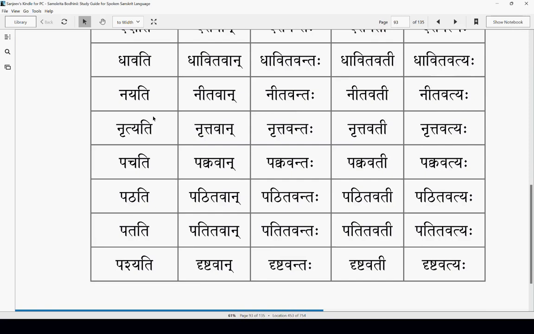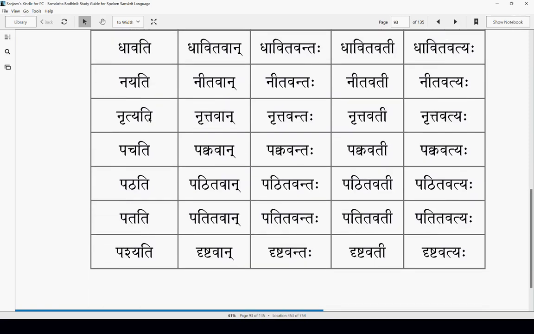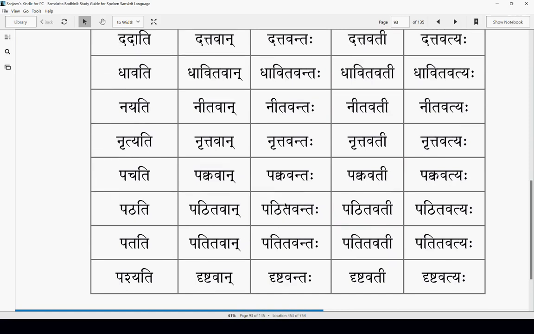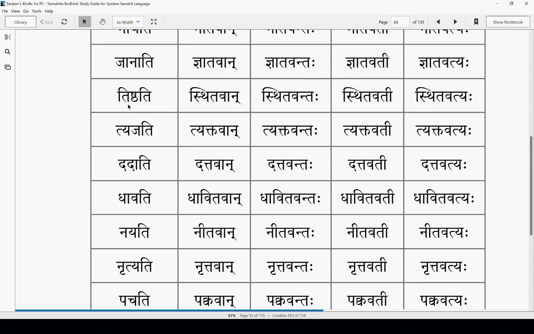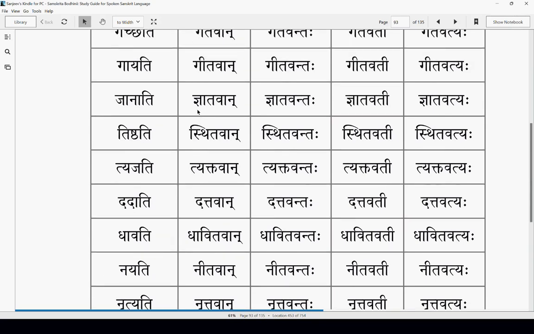Some of them, mostly you can identify how this form is made. Here also Tishtati, Stha is the dhatu. In Vartamana Kala Stha becomes Tishtati, and here it is Sthitavan, a little bit different, not Sthatavan.